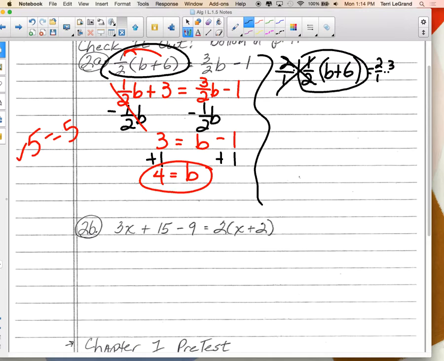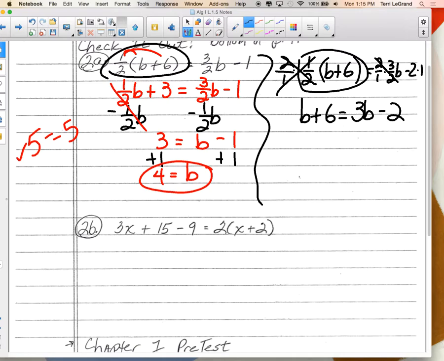We would have to take both of those times 2 over 1. So now we would have b plus 6 equals, oh well, these guys will cancel out. I got a 3b minus 2. Look at that. Friendlier, right? But be careful.